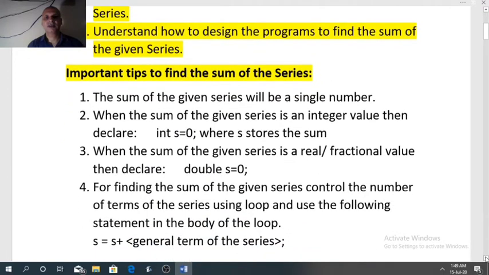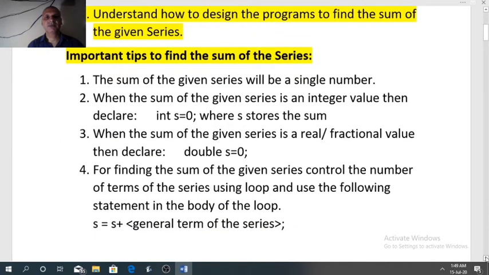because without tricks series will become difficult for you, and if you know the tricks then series will become very easy for you. So first point in the important tips is the sum of the given series will be a single number.